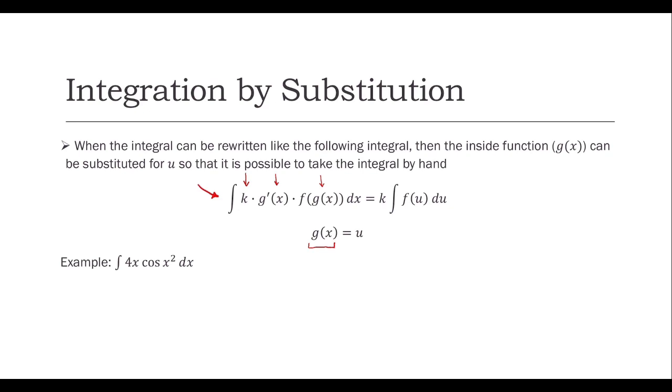So for example, if we had the integral of 4x times the cosine of x squared dx, we take our function inside of it, our x squared, and find the derivative of that. So x squared is going to equal u. So the derivative would be 2x dx equals du.